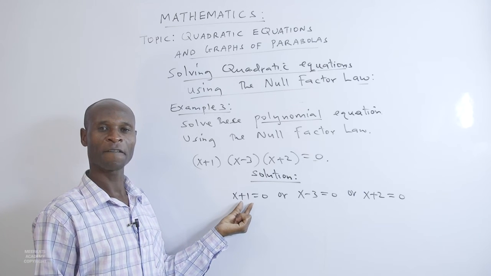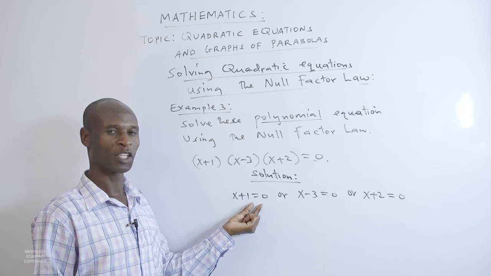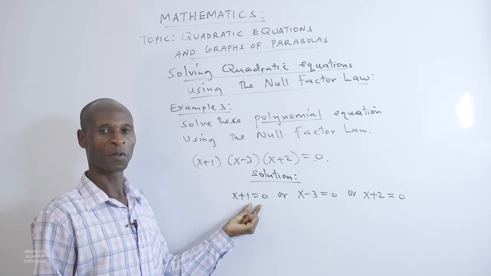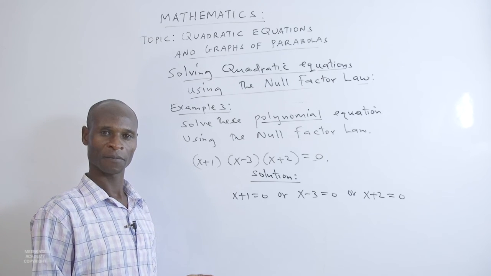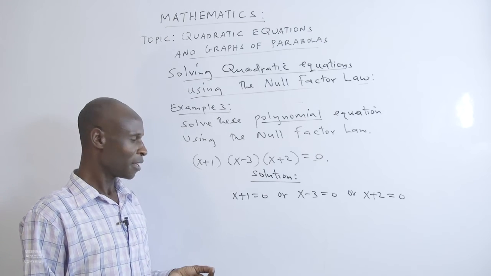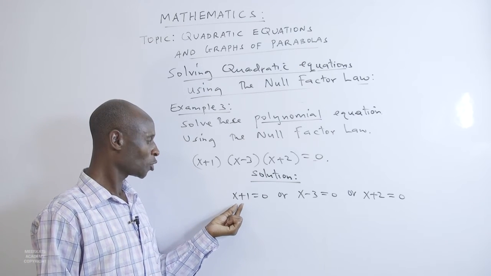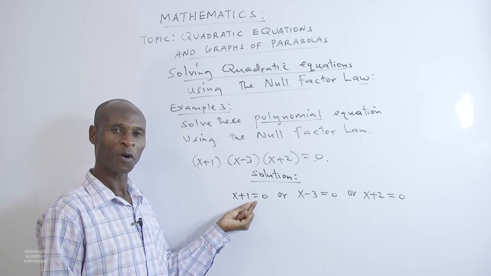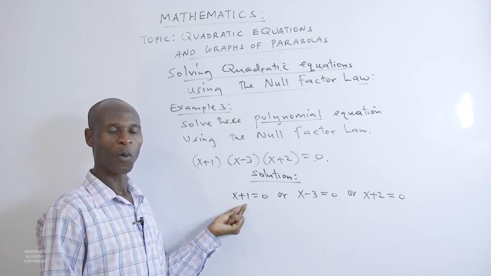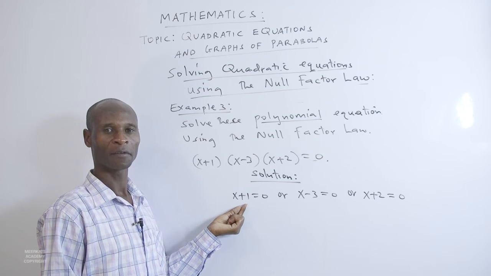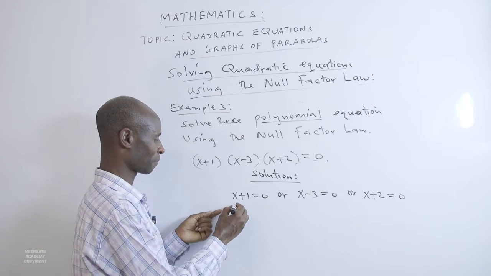Let us start with the first linear factor, x plus 1 is equal to 0. Class, what will be the value of x? In this case, because we have x plus 1 equal to 0, the constant term is positive. We subtract 1 from both sides.